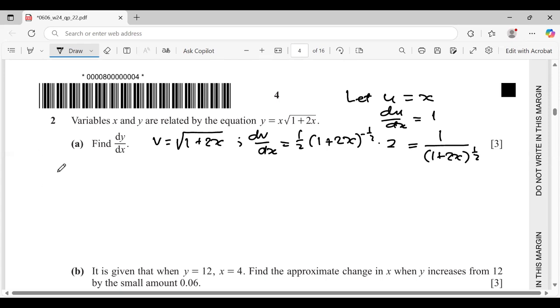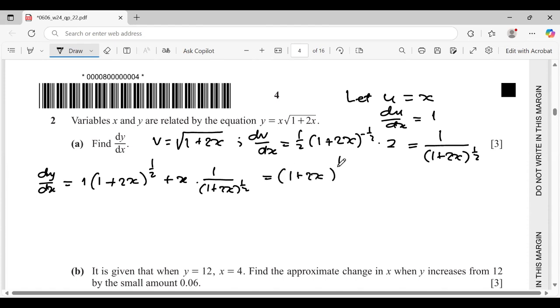Okay. Now by the product rule, dy/dx equals 1 times (1 plus 2x) to the power 1 half plus x times 1 over (1 plus 2x) to the power 1 half. So it becomes (1 plus 2x) to the power 1 half plus x over (1 plus 2x) to the power 1 half.